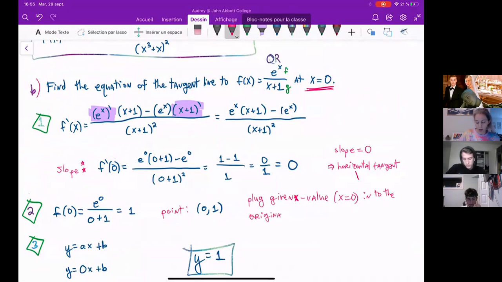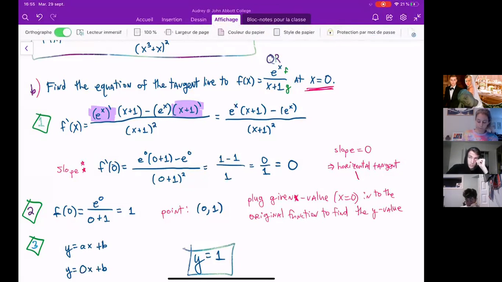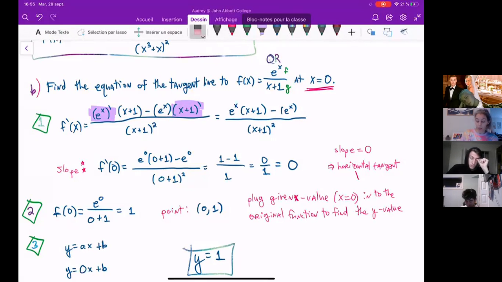Does that answer your question, Alex? Yeah, but how did you get 1? Because e to the 0 is equal to 1. If I do an intermediary step here, which I will just so that we can see it, this is like saying 1 over 0 plus 1.